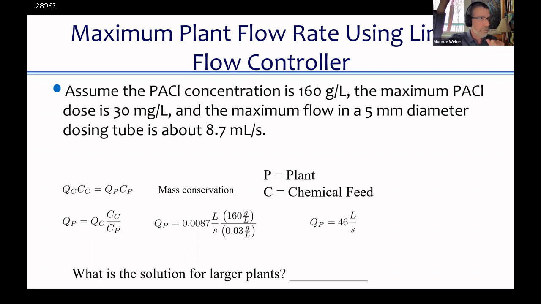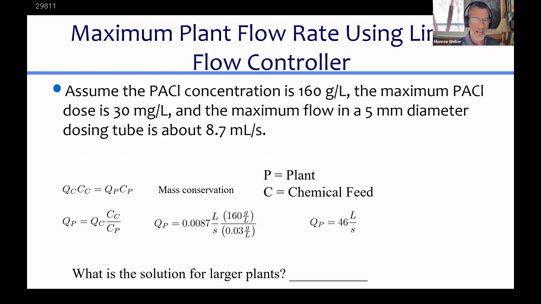So there's a little tube that's coming from the stock tank and is going down and then is dosing chemical into your plant where it's blending with the whole flow. So that little tube that's carrying the chemical, if you take its flow rate and its concentration, multiply those two together, that's the same as you get if you take the plant flow and its concentration. Okay, so QC equals QC.